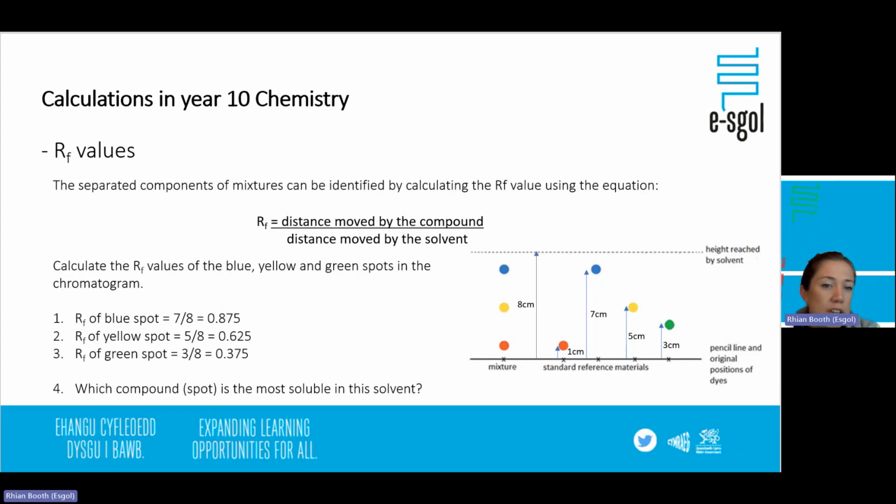So 0.875 is the nearest to 1 out of those 3 answers, and therefore that is the most soluble compound. All of the RF values will be between 0 and 1. So if you have a value that isn't between 0 and 1, then you've probably divided the wrong way. So just keep that in mind when you are doing this kind of calculation.